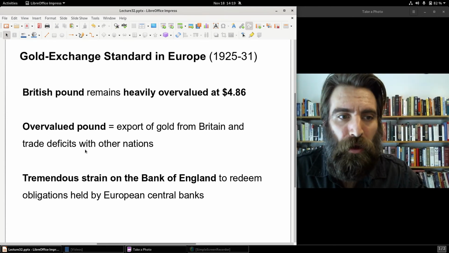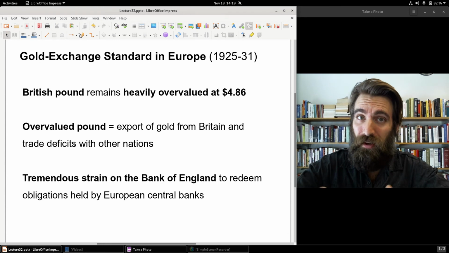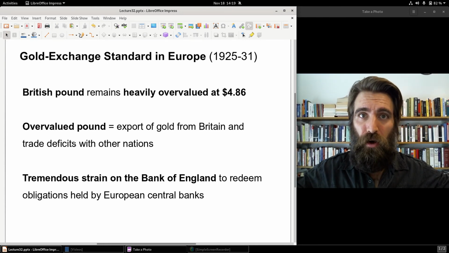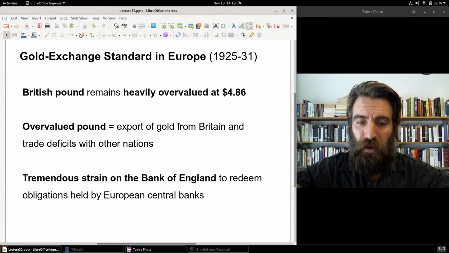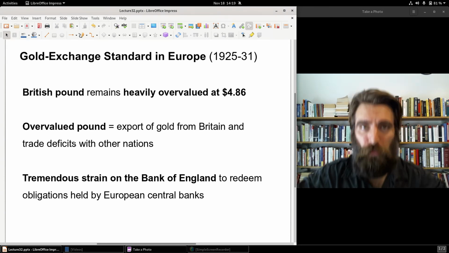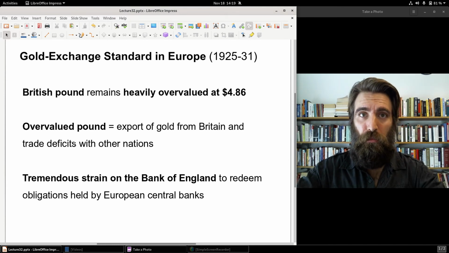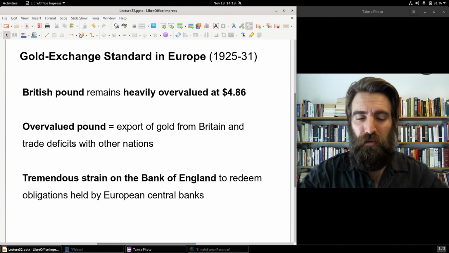And as these trade deficits continued, what that meant was British pounds were accumulating overseas. Other central banks like the Bank of France and the Reichsbank in Germany are accumulating more and more British pounds. Their sterling balances are increasing.